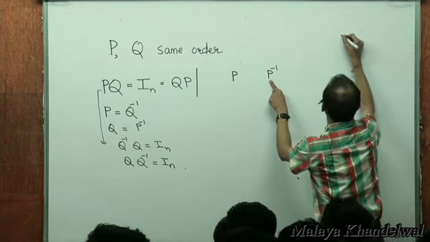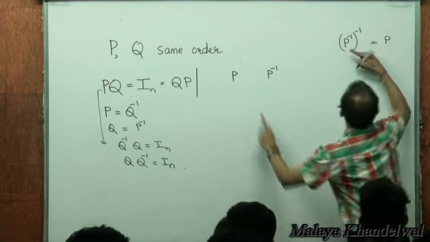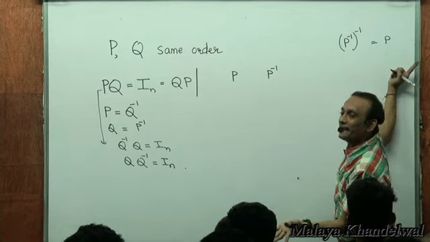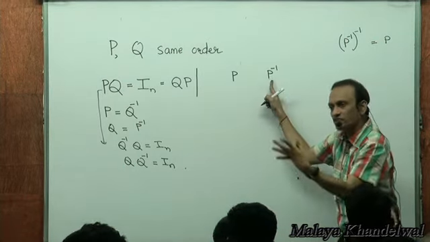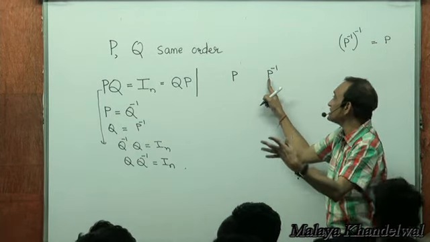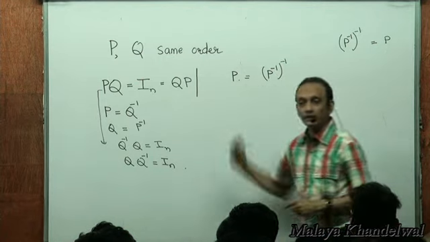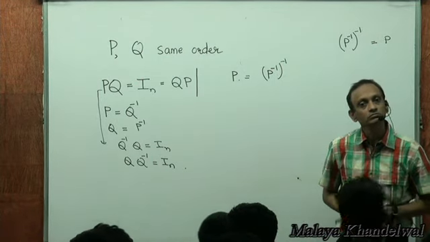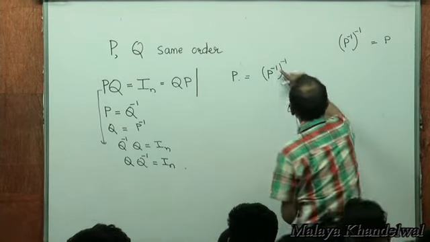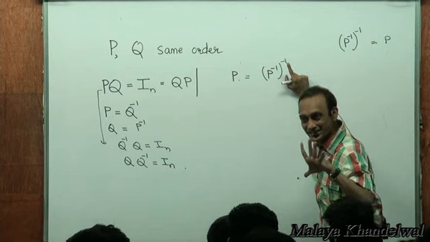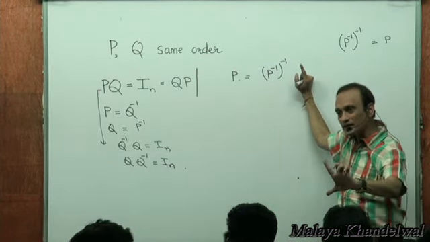That means inverse of A inverse will be A. Do you understand that? Yes or no? Now don't multiply these powers. It's an operation. In this case, minus 1 is an operator. It's not a number.